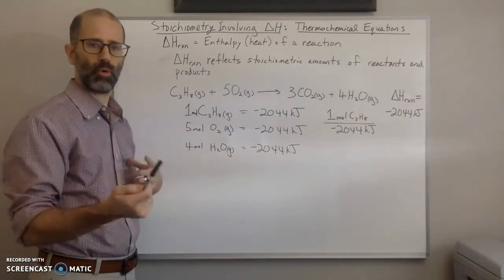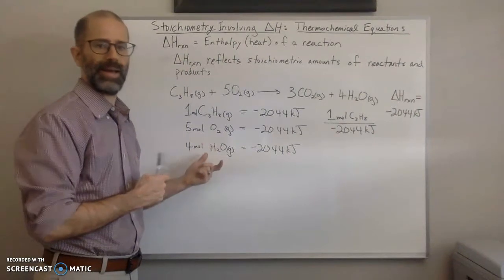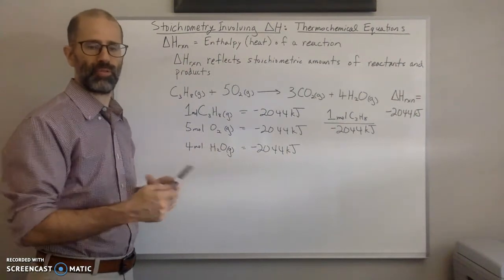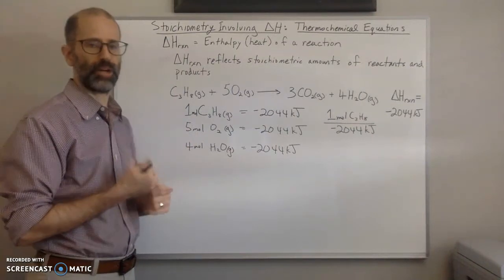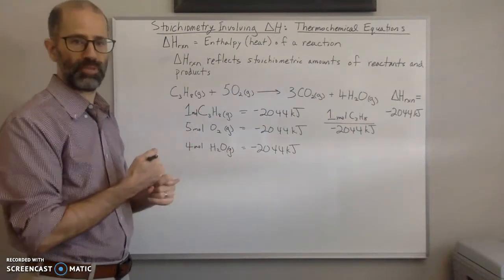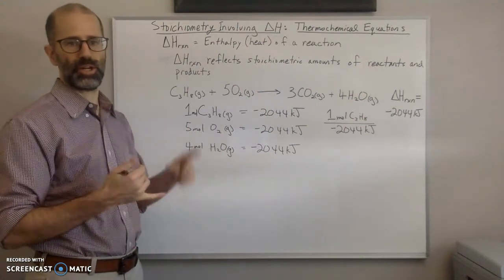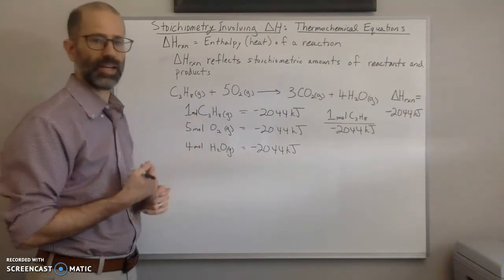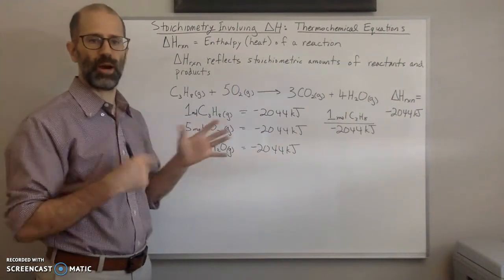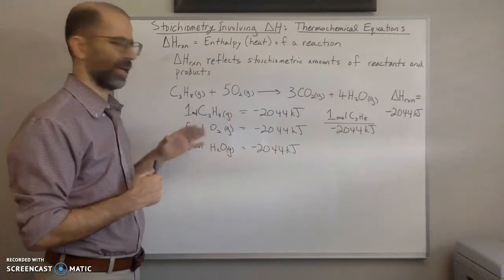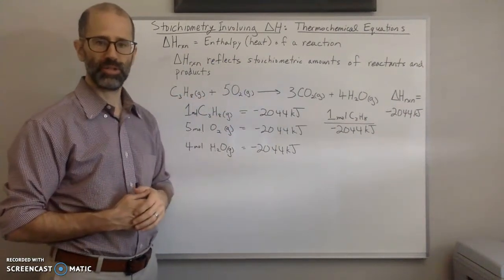I can do a mole-mole conversion from moles of one thing to moles of another thing, and then I can go from moles of that thing to, say, volume if they give me molarity. I can go to volume if they give me the ideal gas law and they give me pressure and temperature and all that. I can convert to grams using molar mass. So I can go wherever I want when I get to moles, because I have my balanced equation.